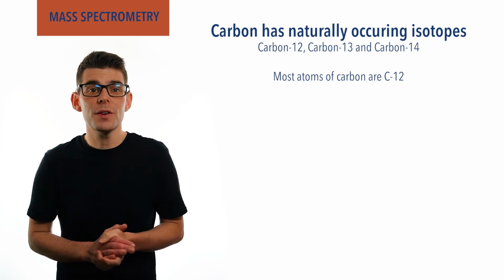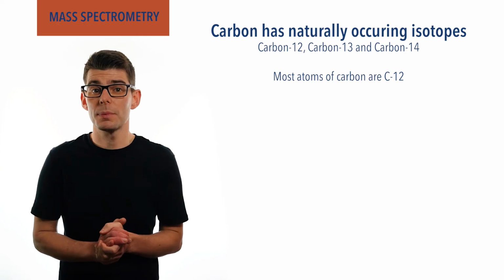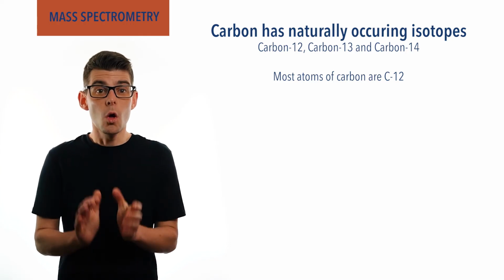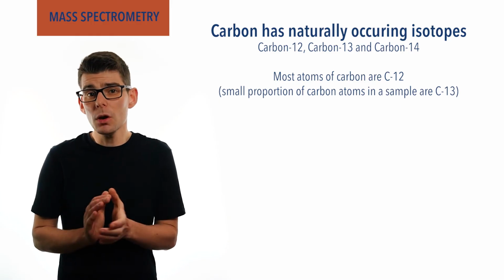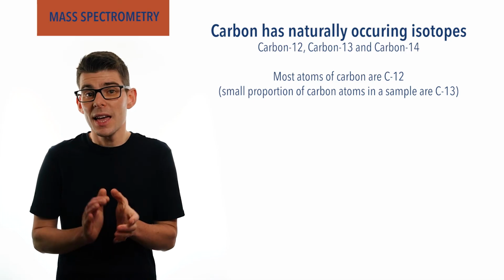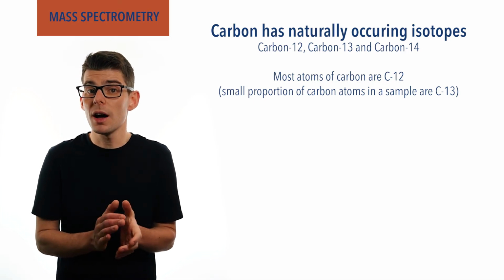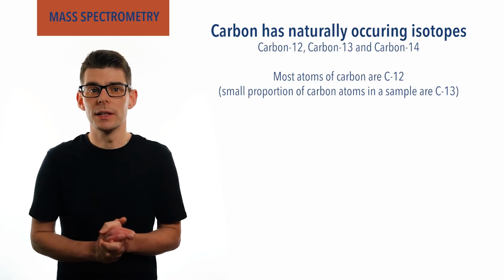However, carbon-13 does naturally exist, and a small proportion of carbon atoms in a given sample will contain carbon-13 atoms. If a molecule with a carbon-13 atom in is present in the sample, its relative mass will be 1 higher than the normal molecules that only have carbon-12 in.